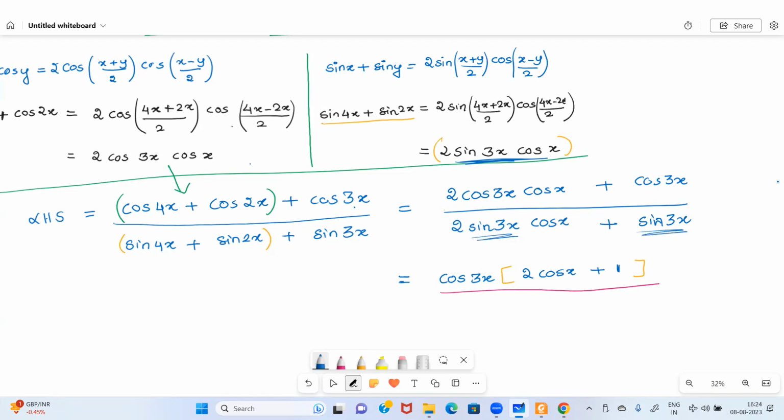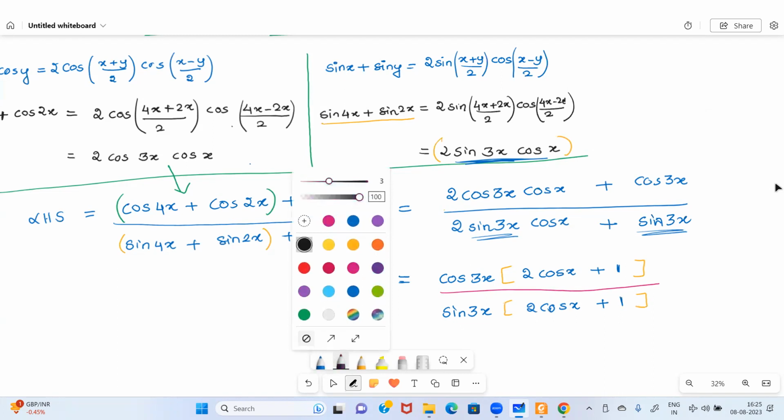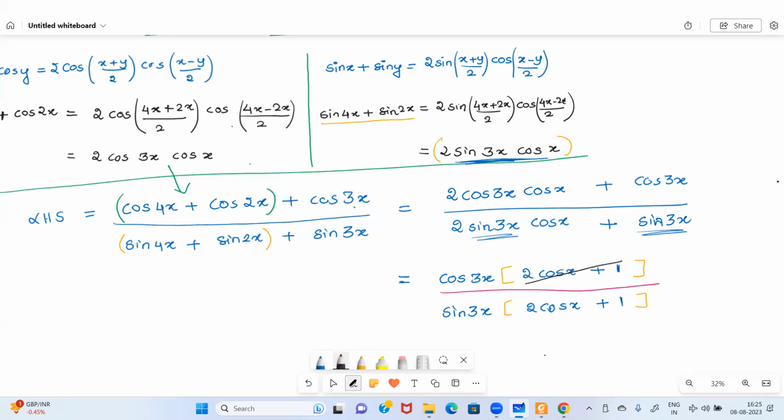Correct? So when I take out sin 3x common, I get 2 into cos x plus what is left out, students, in the second term? 1. So clearly you can see that I will be able to cancel out 2 cos x plus 1 from numerator and denominator.